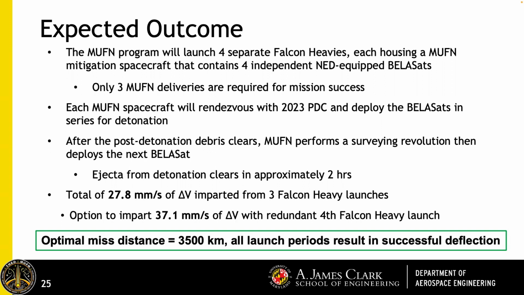After the detonation debris clears, MUFN will, of course, survey and deploy the next balesat. We have designed for a total of 27.8 millimeters per second of delta V to be imparted to the asteroid.